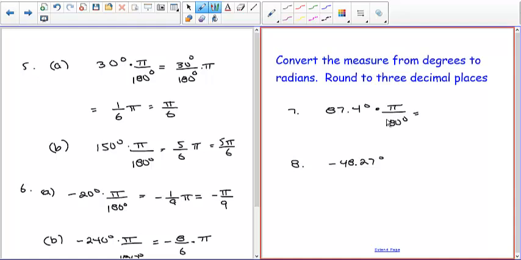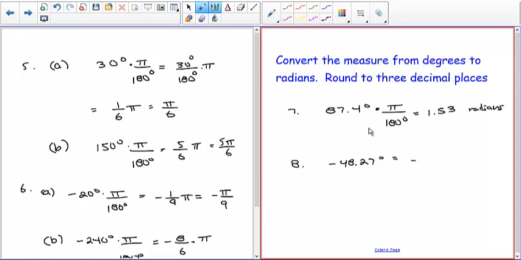So you take 87.4 times 3.14159, or if you have pi in your calculator, put pi in there, and divide by 180. And I get 1.53 radians. So that's not a multiple of pi, it's just the radian answer.